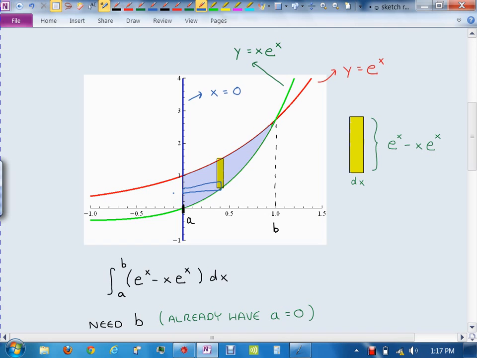The problem is, it changes, right? Once I get to this point right here, right across there, now my rectangle would look like this, and now the top one would be the green function, the bottom one would be the red, wouldn't it? So I could do it that way, but it would require me setting up two integrals and adding those two answers together. So it's just harder this way. That's all.